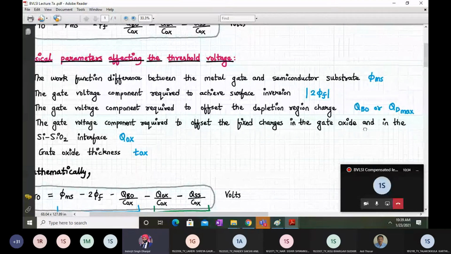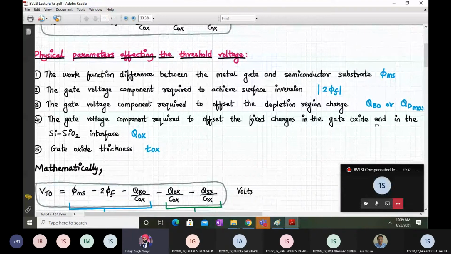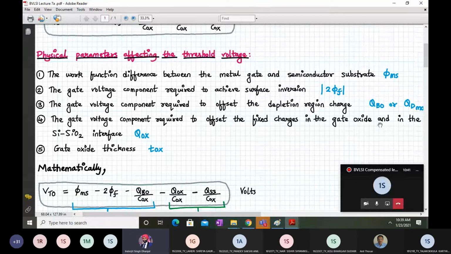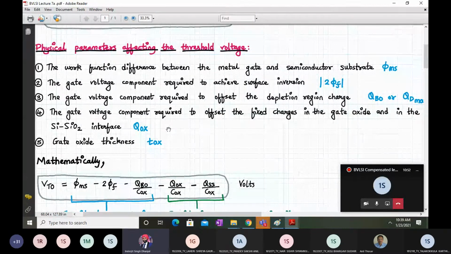We call it QBO or QD max. Because we have a formation of a depletion layer, the amount of charge inside that depletion layer is called QBO. The threshold voltage also depends upon this factor.